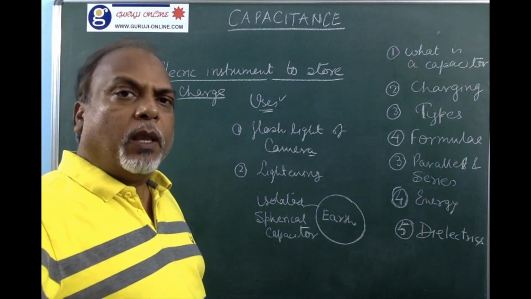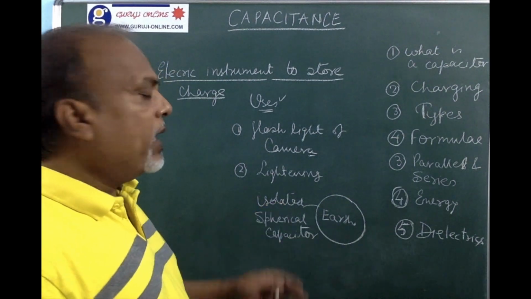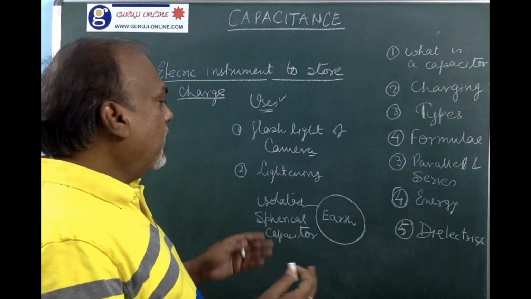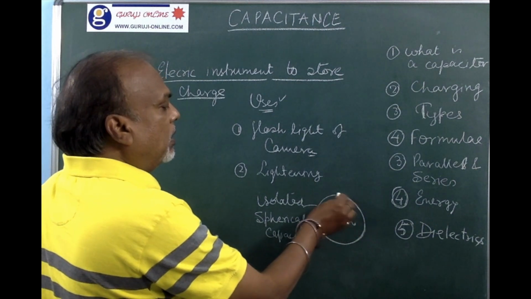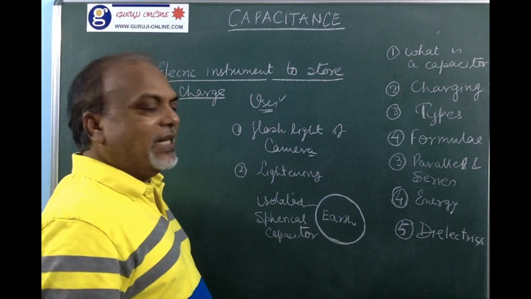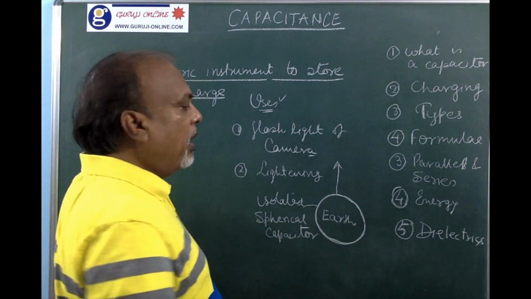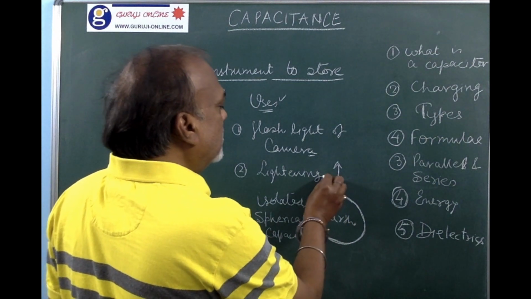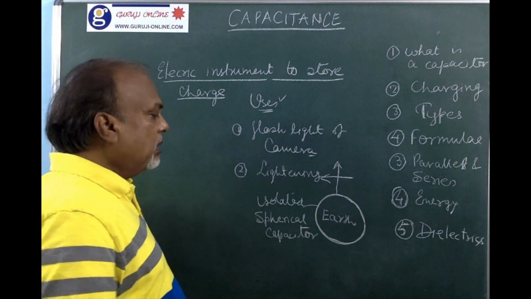So when there is a storm, the charge of the earth discharges in the atmosphere, and due to this lightning occurs.